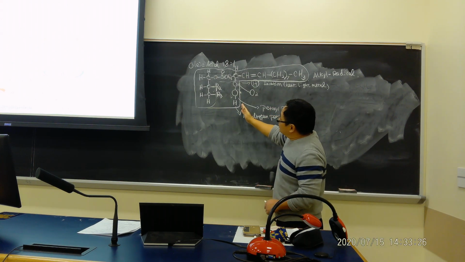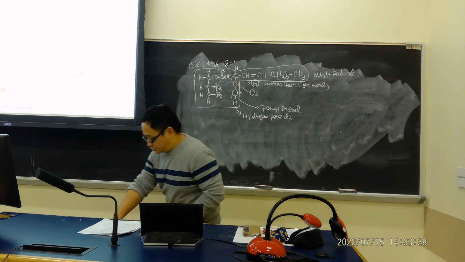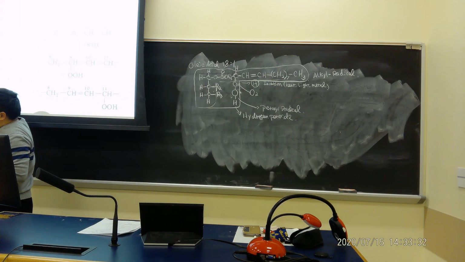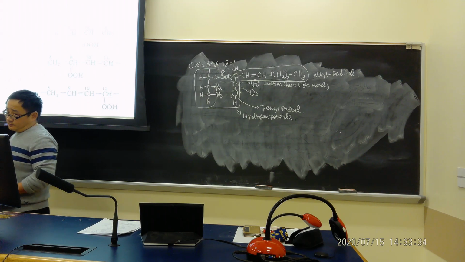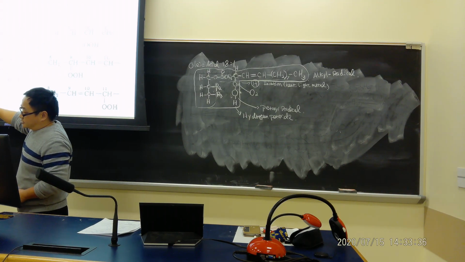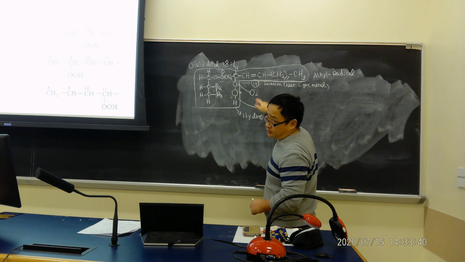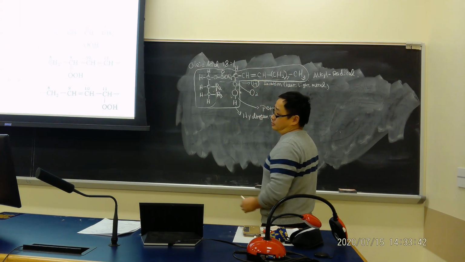And what I'm showing you here is just one example of these 4 isomers. Each of these isomers has a separate reaction like what I described here. This is just one example.